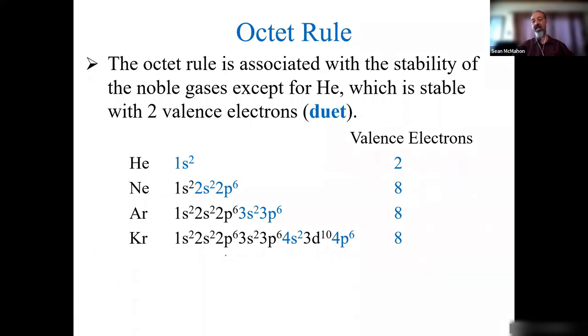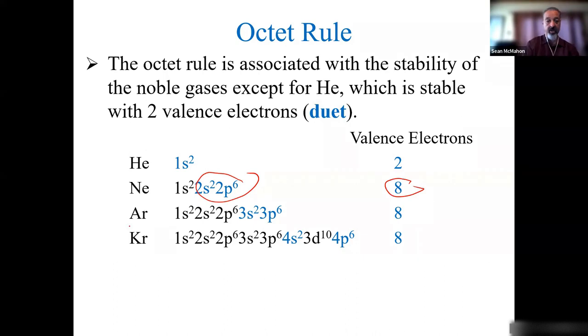Now, helium is an exception to the octet rule because it's in period 1, and that first energy level only has the 1 sublevel S with 1 orbital, and it can only fit 2 electrons. When I go further out to the second energy level, now I have the S and the P, so I could add more electrons. So neon has 8 valence electrons.